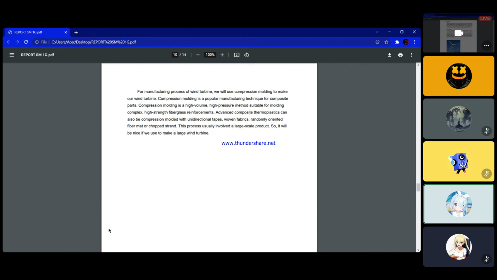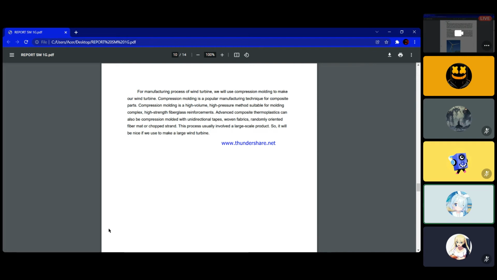For the manufacturing process of the wind turbine, we will use compression molding to make our turbine. Compression molding is a popular manufacturing technique for composite parts. Compression molding is a high volume, high pressure method suitable for molding complex, high strength fiberglass reinforcement.